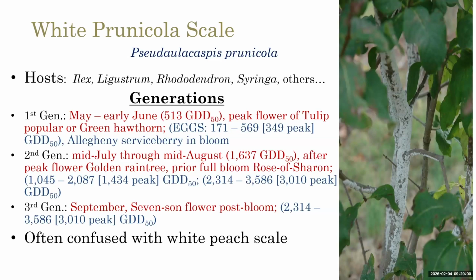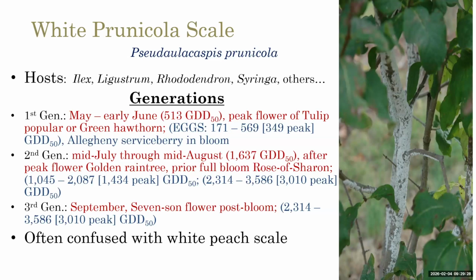Again, insecticidal soap and horticultural oil work fantastic if you're able to target the crawler stage. Talus and Distance work well also with targeting that crawler stage. They'll work on adults, but they're growth regulators, meaning they don't allow the insect to complete development properly, so they're going to work best on immatures.